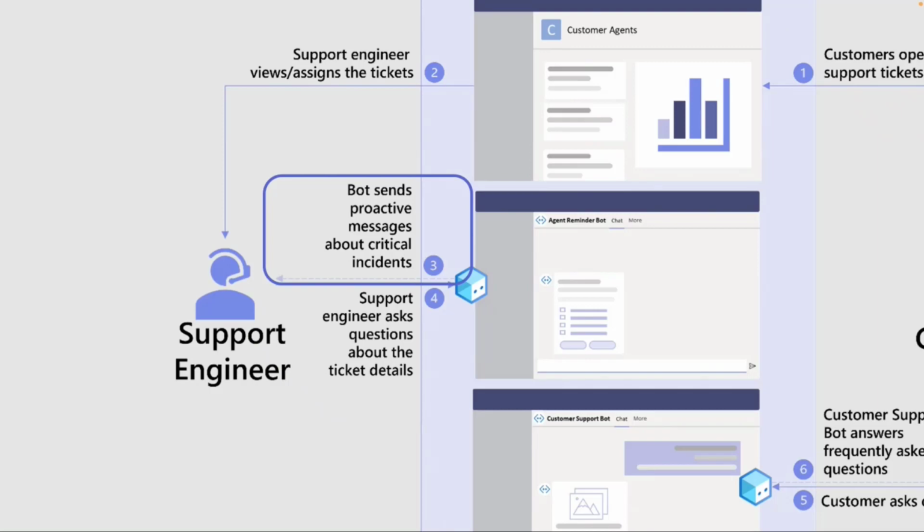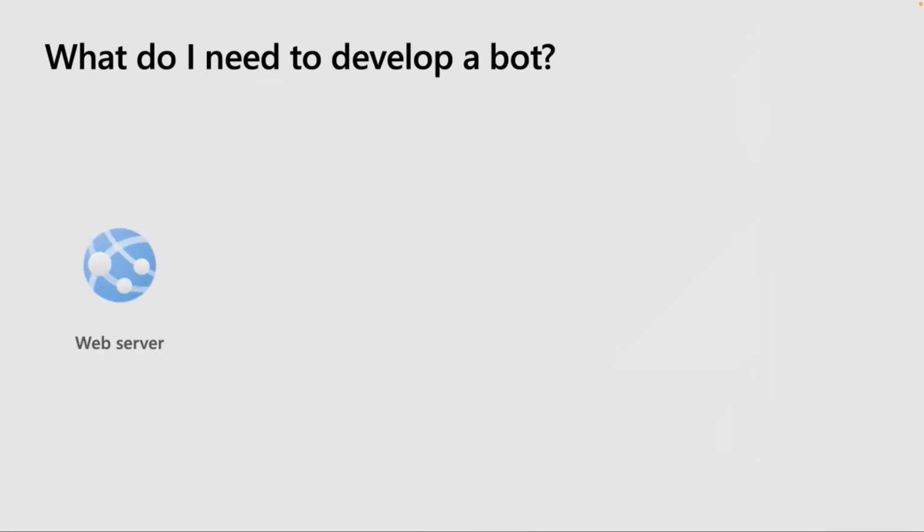So this could be an external signal that happens in a support system, and we want to trigger a message to go into Teams to that support engineer to remind them, or actually, again, it could be a critical incident, to take some form of action.